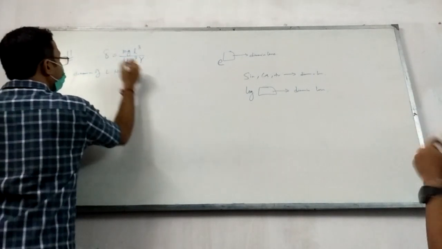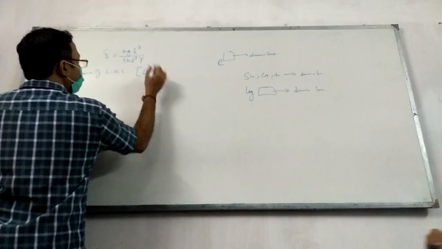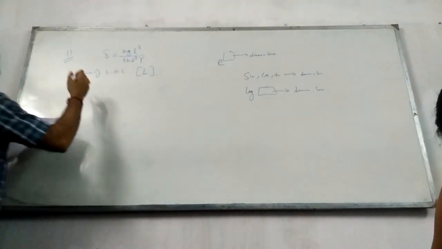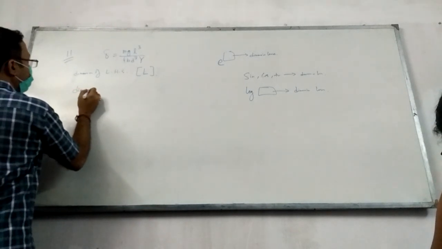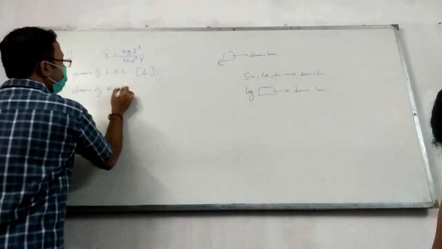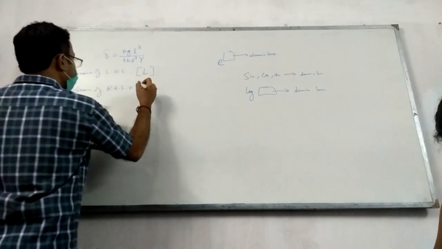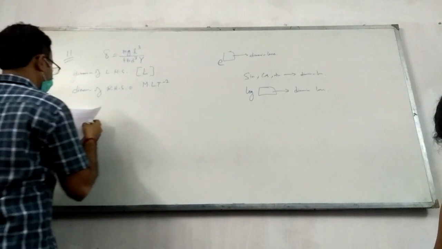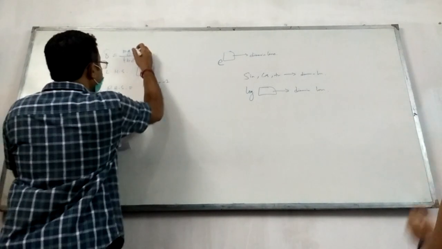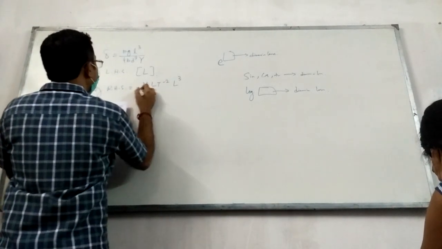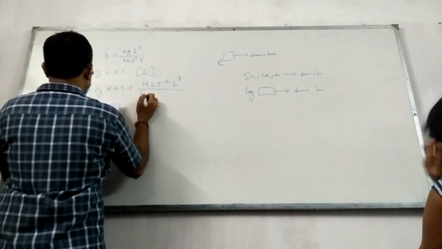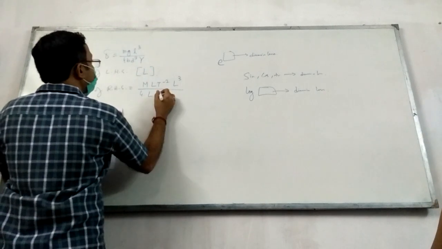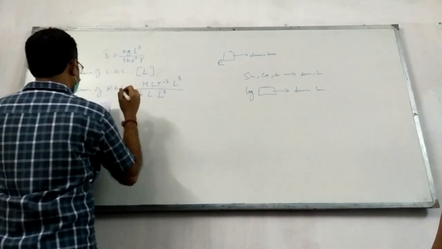The dimension of LHS is delta, meaning the depression, meaning length. Next, the dimension of RHS: what is m? Mass. g is acceleration due to gravity, L T to the power minus 2. l is length, l cube by 4. b is breadth, meaning length. d is depth, that is also length. y is what?